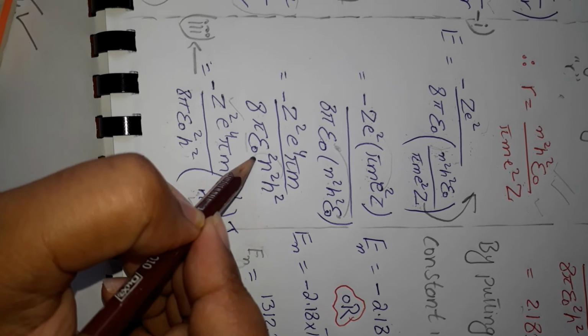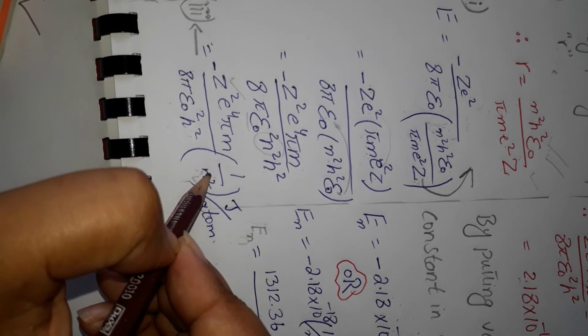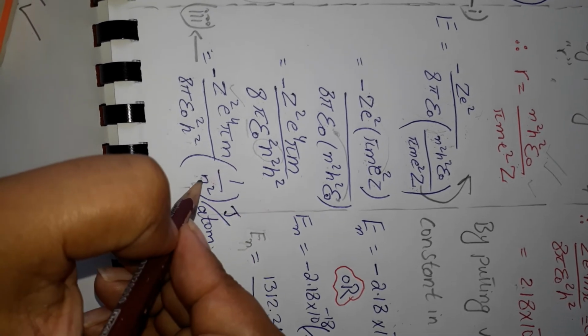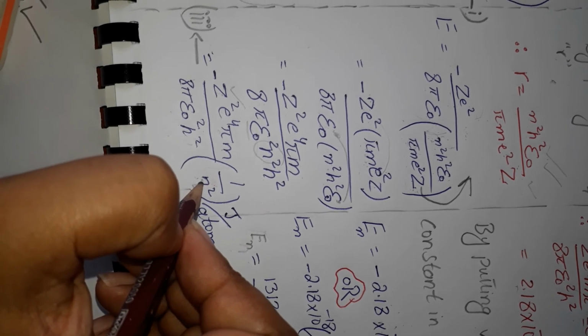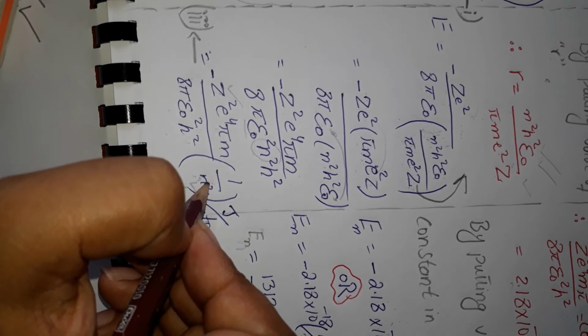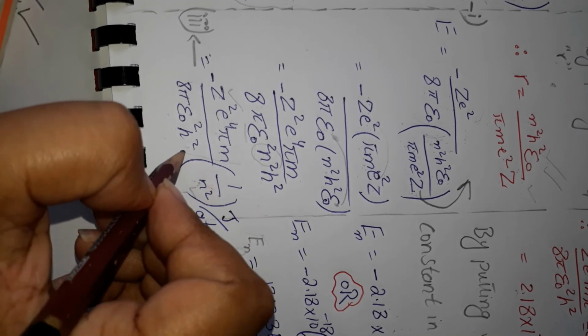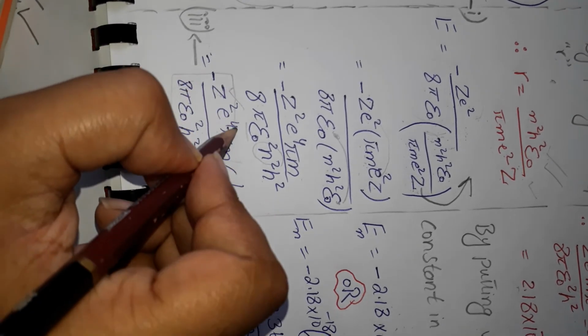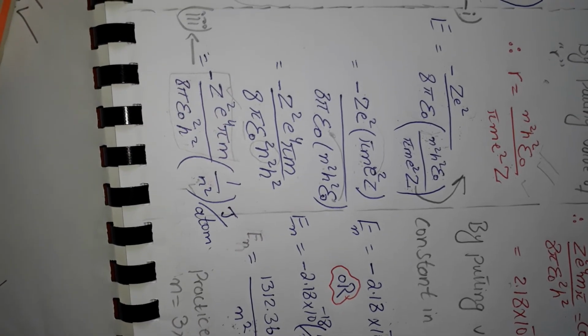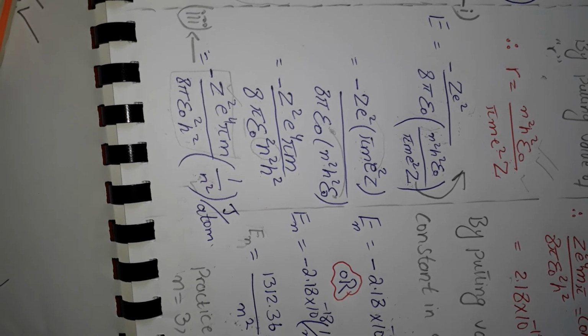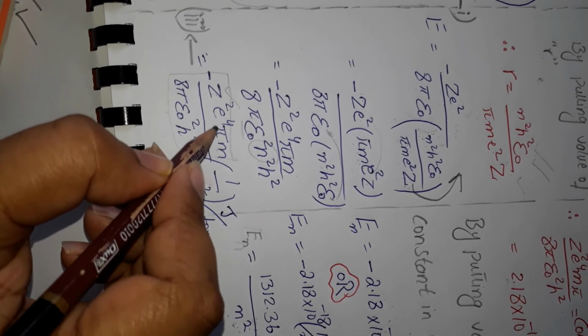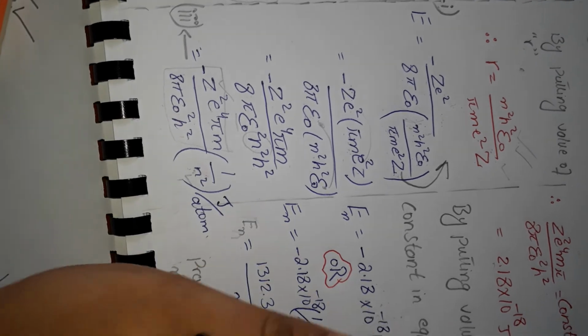But I have taken out n square from this equation because n square is variable, while all these formulas are constant, and by putting in the values of these constants we get a product of 2.18 multiplied by 10 to the power minus 18 joule.